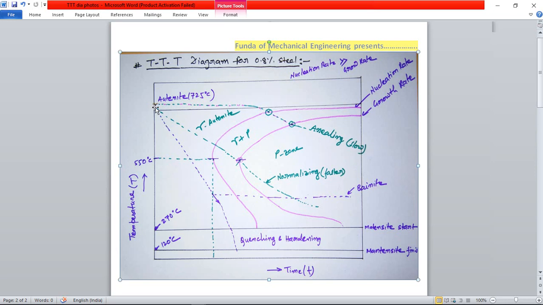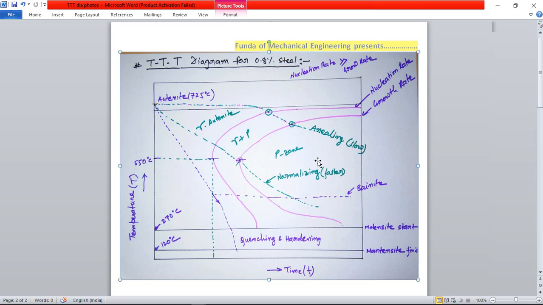Now if we do air cooling, that means faster cooling. Air cooling is normalizing. So this green dotted line represents normalizing, which is much faster than annealing, and it will produce fine pearlite. As is clear from the diagram, this is the gamma austenite region, and this is the pearlite zone.